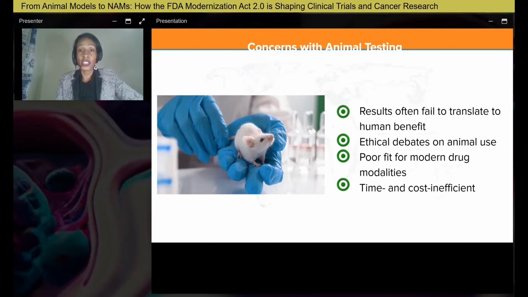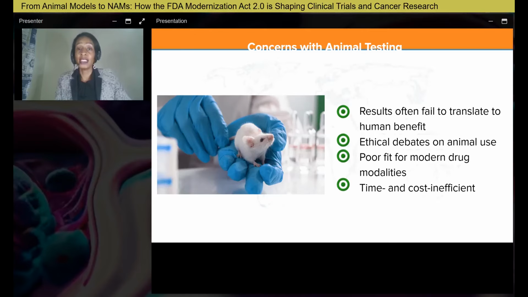It might surprise you to know that about 90% of drugs that make it in preclinical studies don't make it to phase 3 clinical trials. This is quite a high attrition rate, which brings us to the third concern, which is that animal models over time have proven to be time and cost inefficient.